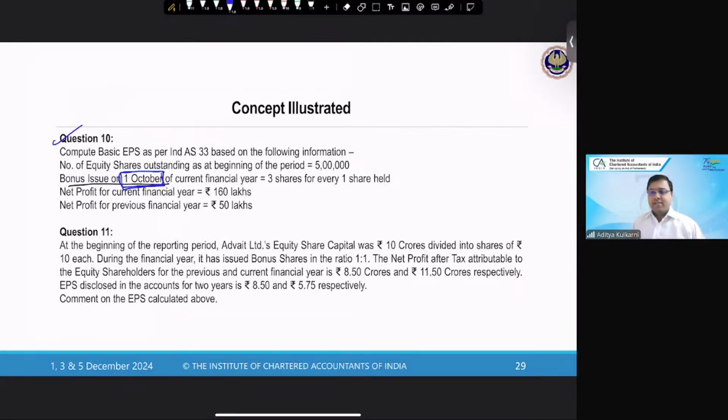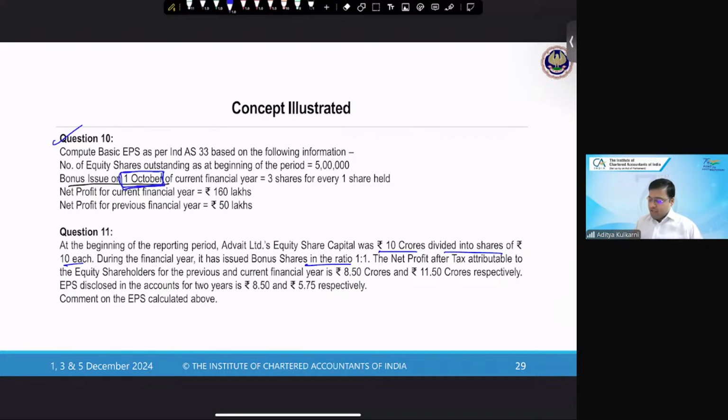I have nothing else to add on that. At the beginning of the year, Advait Limited's equity capital was 10 crores divided into shares of rupees 10 each. During the financial year, it has issued bonus shares in the ratio 1:1.